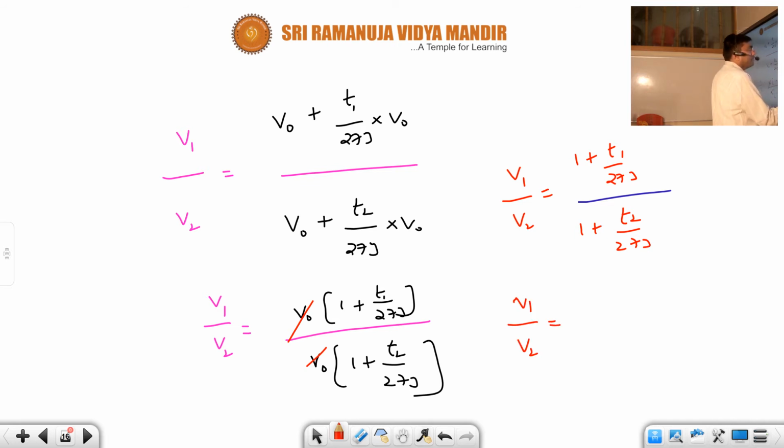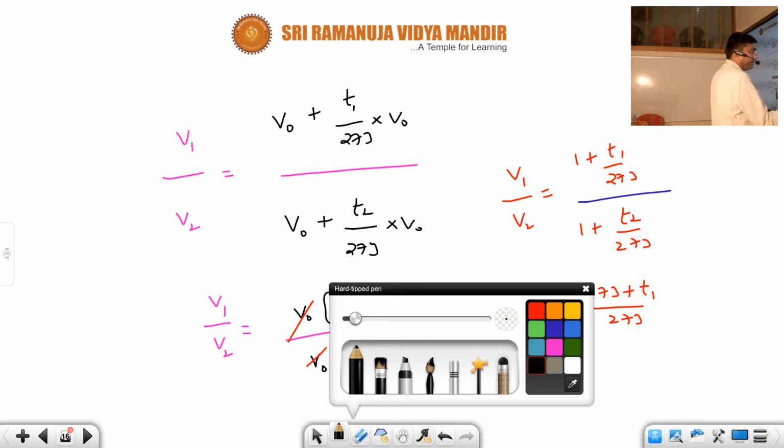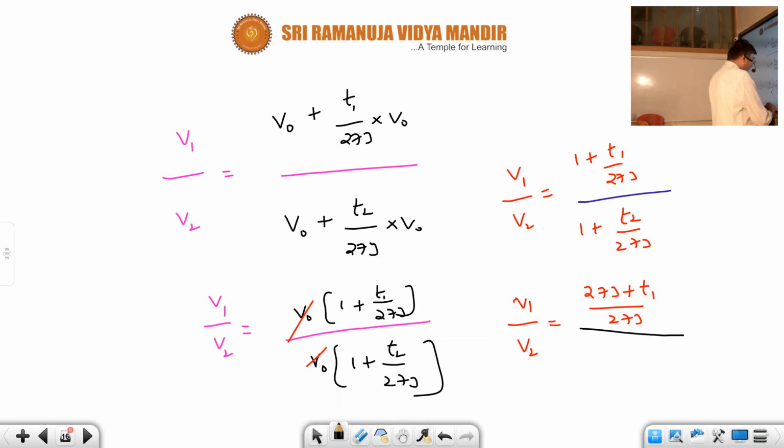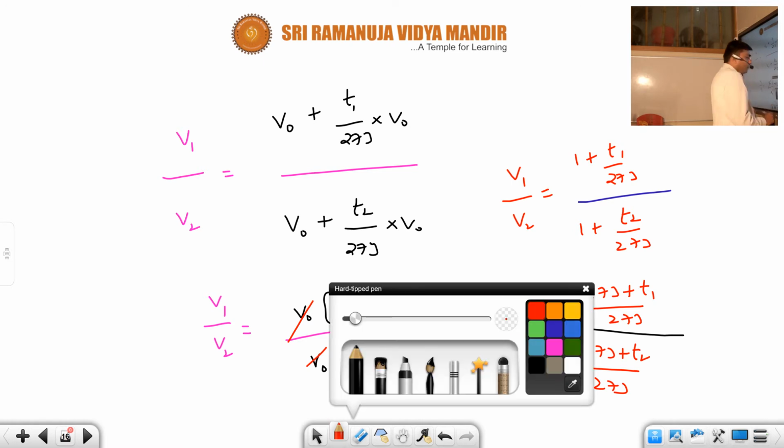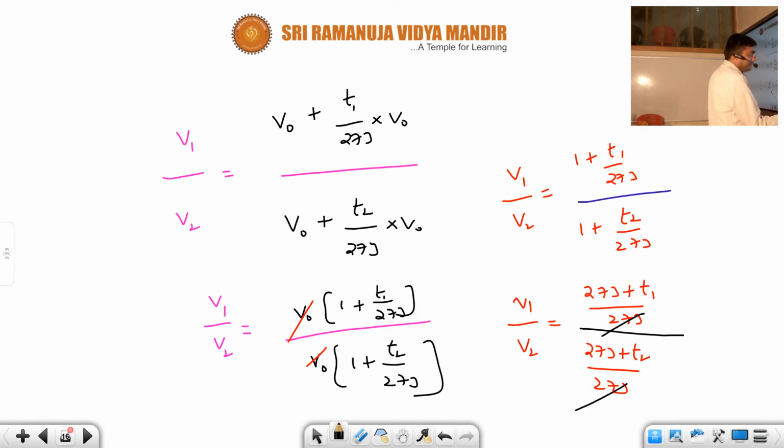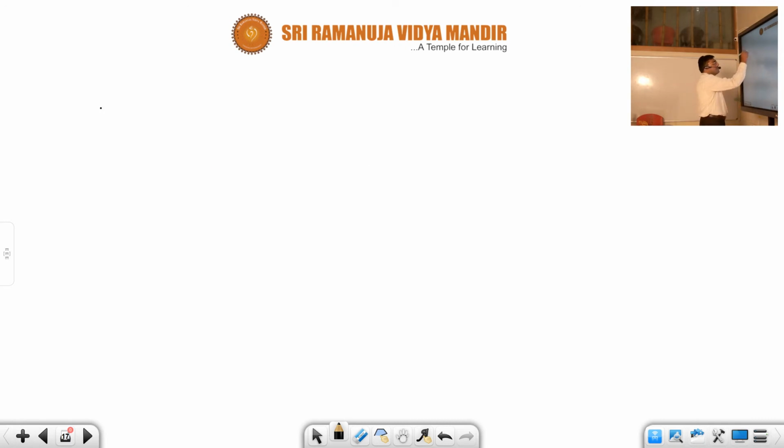V1 by V2 is equal to 273 plus T1 by 273. Similarly, you can write here 273 plus T2 by 273. Here 273 gets cancelled. Now it comes out to be as follows.